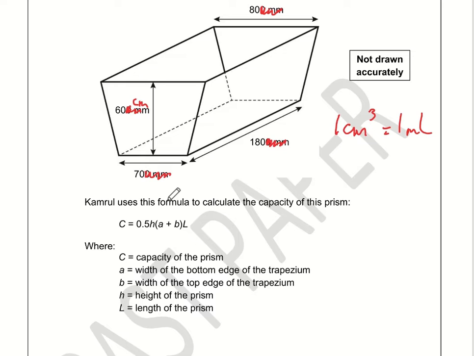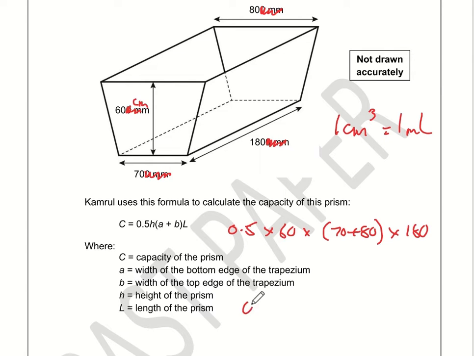Remember that there are 10 millimetres in a centimetre. So let's use the formula. It's 0.5h, meaning 0.5 multiplied by h, and the height is 60, multiplied by a plus b, which is 70 plus 80, and 70 plus 80 is 150. That's going to be multiplied by its depth, which is 180.